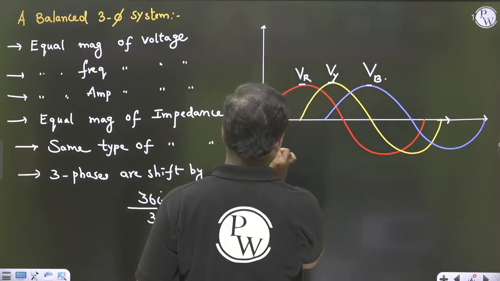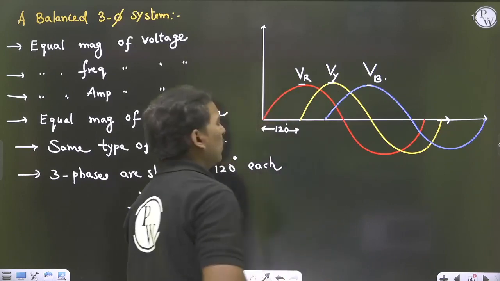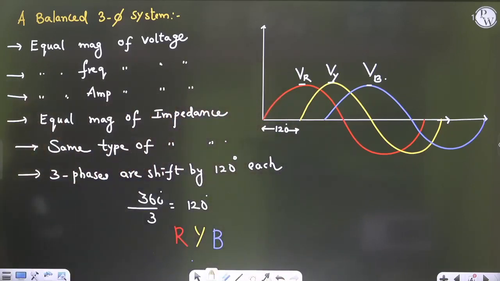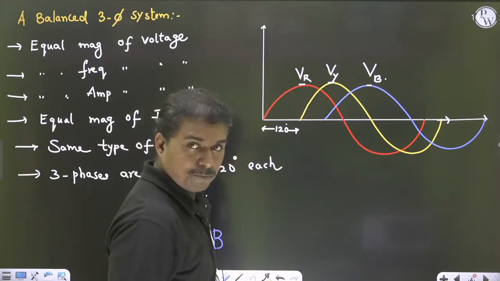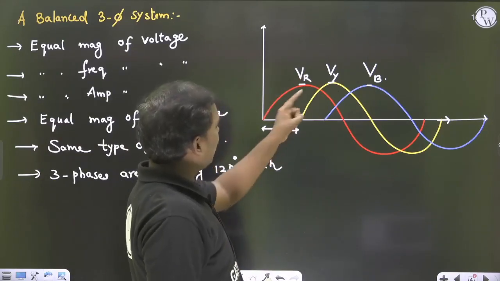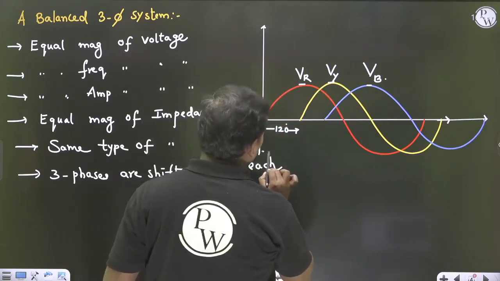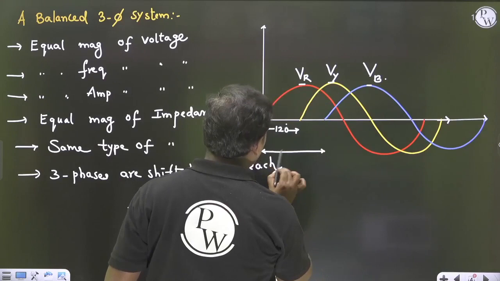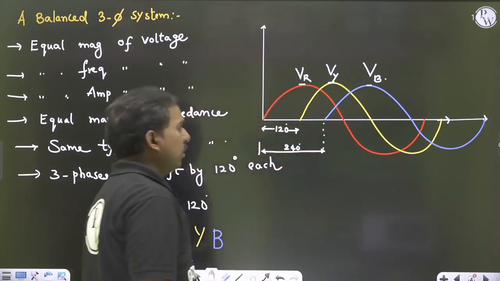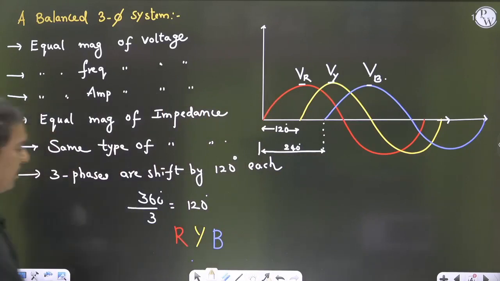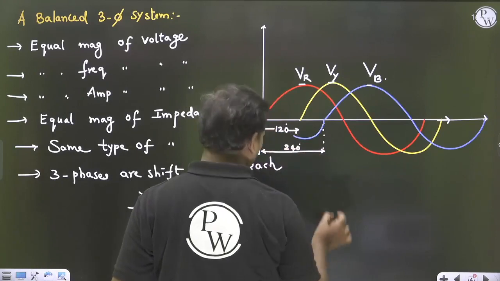This is lagging by 120 degrees. Comparatively, VR and VY will have a phase shift of 120 degrees. That means VY lags VR by 120 degrees, and this is lagging by 240 degrees. Or if you take the leading relation way, it is going to be like this.